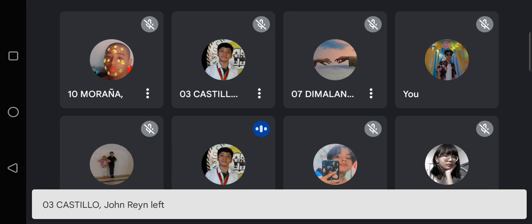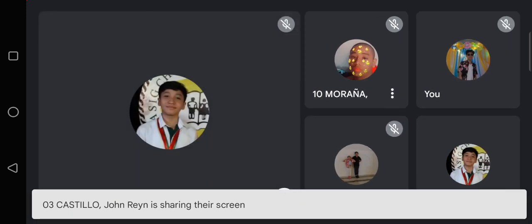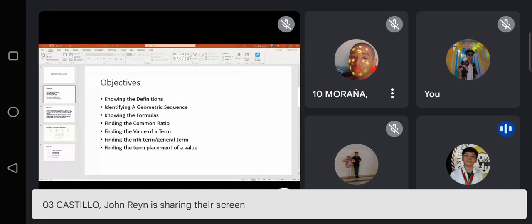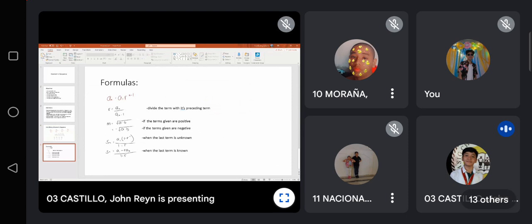So we'll go back to the presentation po sa PPT. So next would be the formulas. The formulas are very important, so try to remember them as much as possible. Especially this one, the one in red ink: A sub n equals A sub 1 times r to the power of n minus 1.